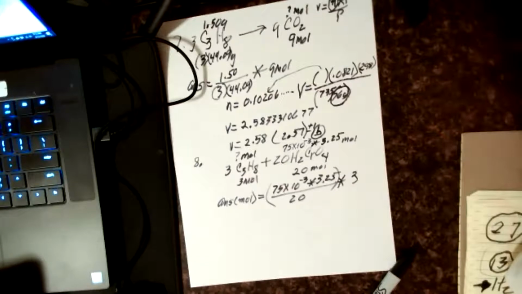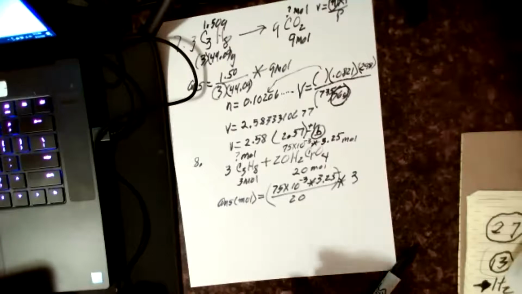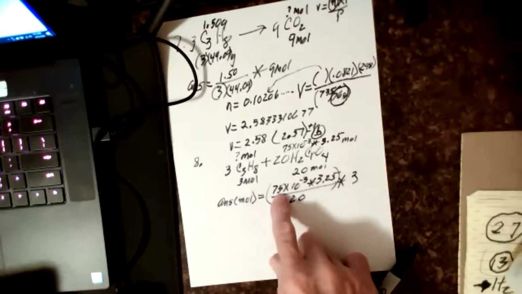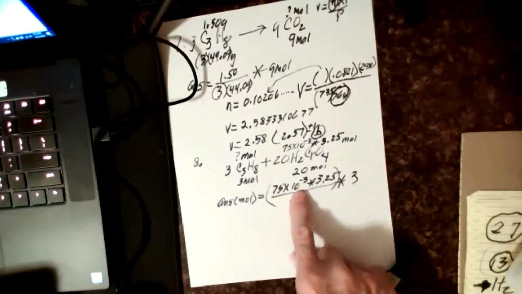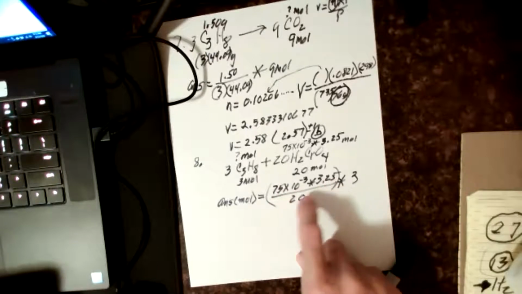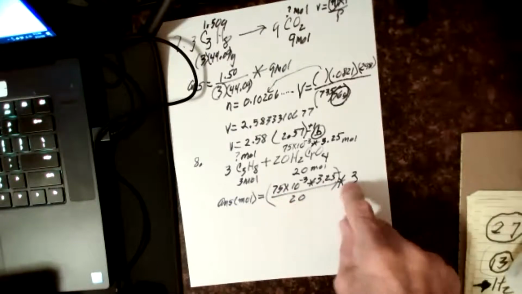It's 75 with an exponent that's negative 3, multiplied by 3.25, divided by 20, and... no, go back up. I need to multiply by 3. Yeah, there we go. 75 exponent negative 3 times 3.25 divided by 20 times 3.